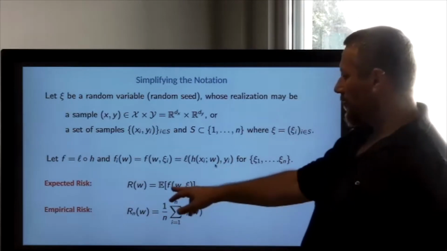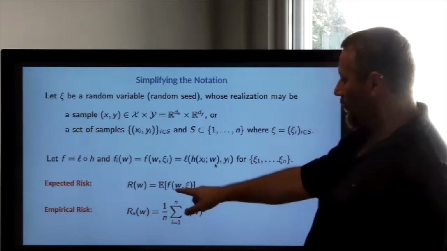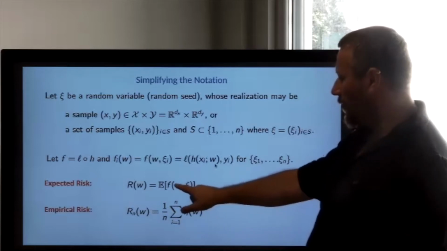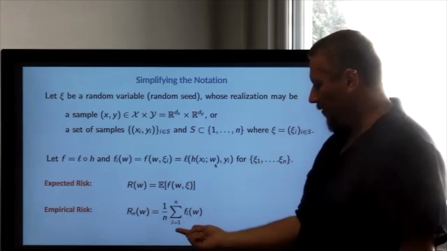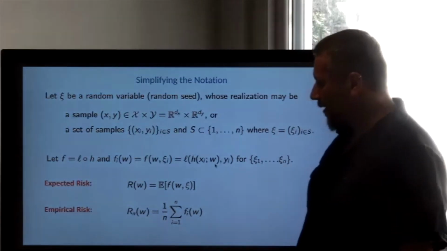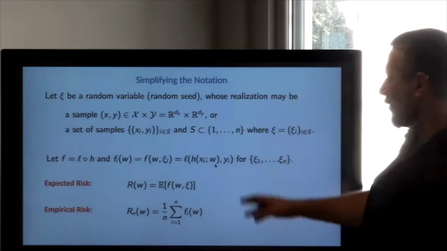So our expected risk problem turns into minimizing the expected value of this general function f, and the empirical risk turns into minimizing this finite sum.